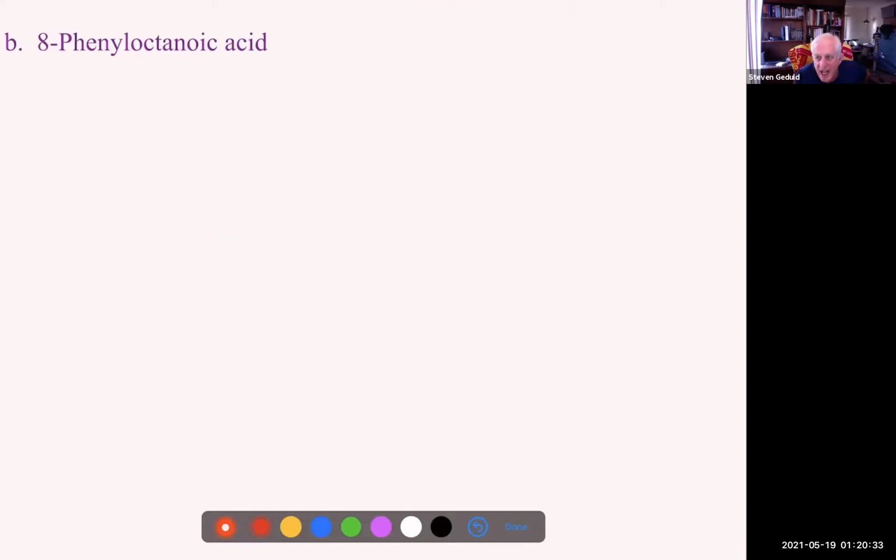Octanoic acid is 8 carbons. So here's your 8 carbons, here's your carbonyl carbon and your carboxylic acid. And at 8, there's a phenyl group again. We're going to cut that into sections of 2 when we break it down.